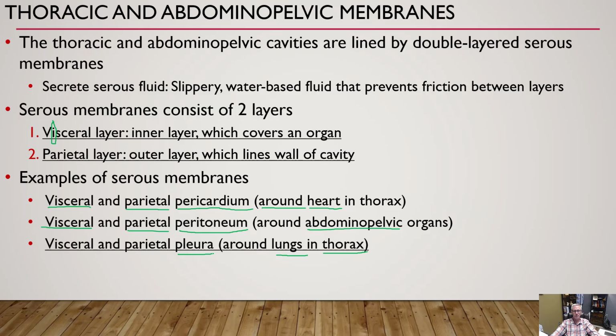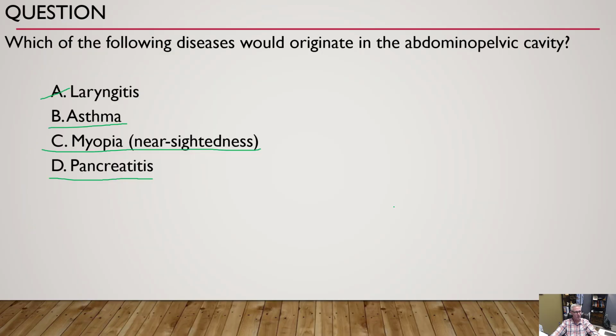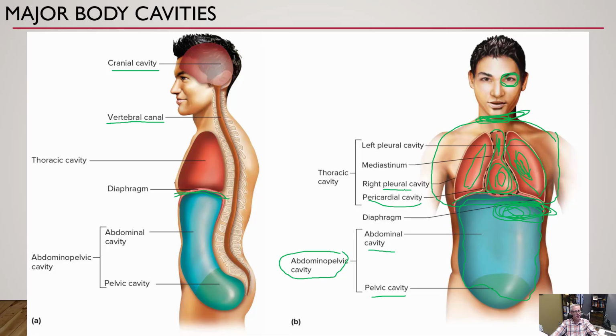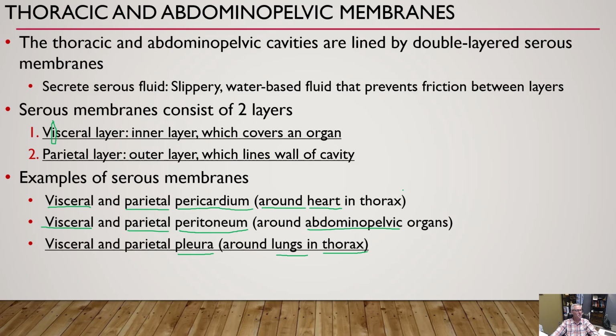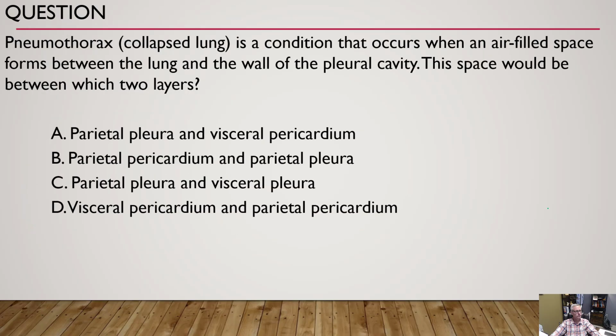Pleura is plural, but pleural is singular. So our visceral pleura would cover the lungs, and the parietal pleura would line that thoracic cavity or that pleural cavity. All right.